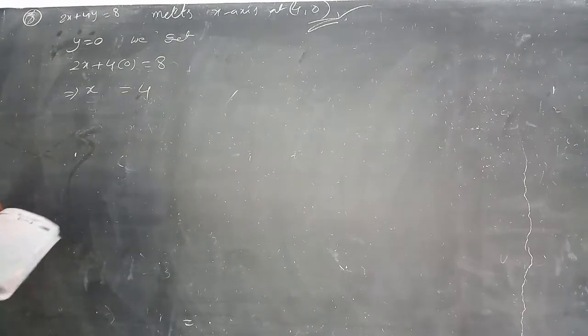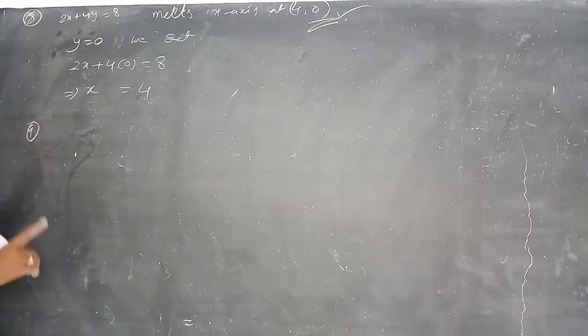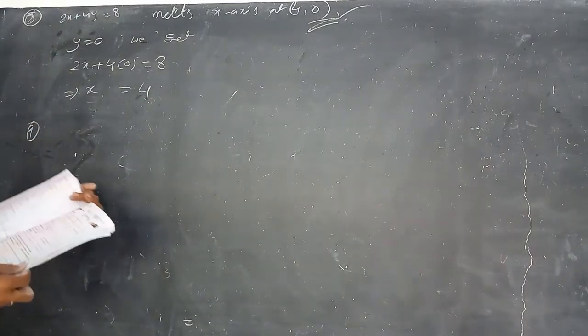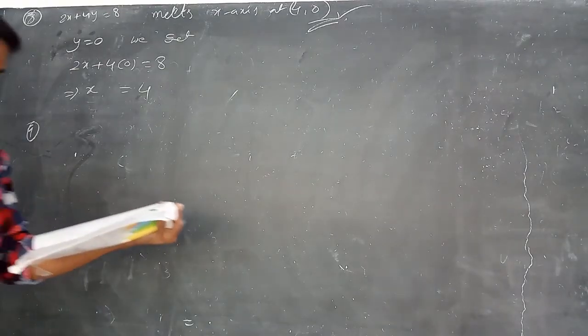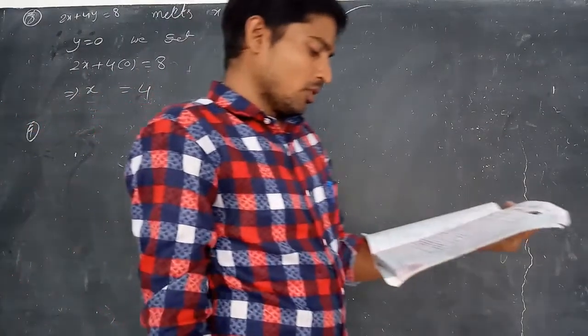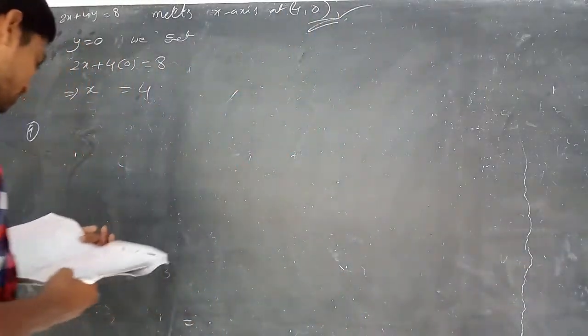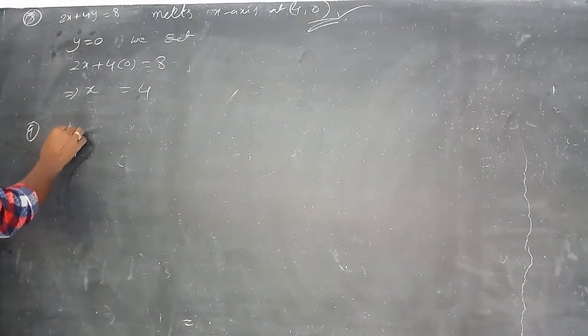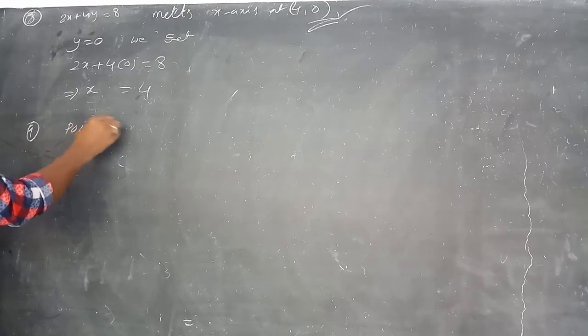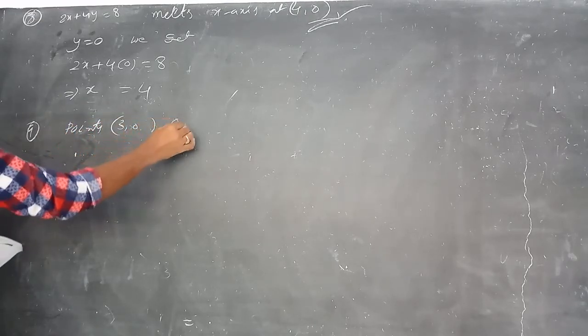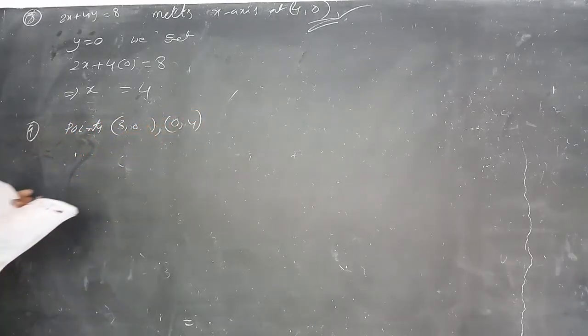Next, ninth one. If a line passes through the given points 3 comma 0 and 0 comma 4, these are the points.